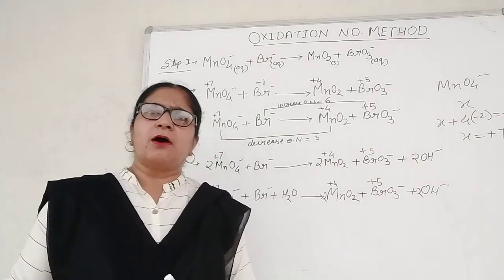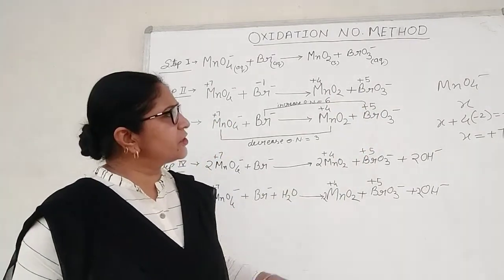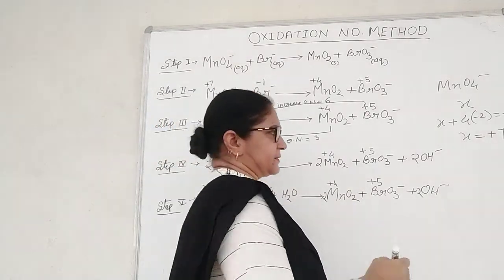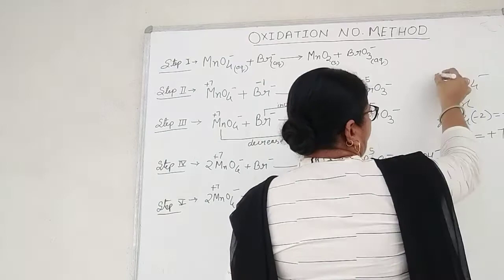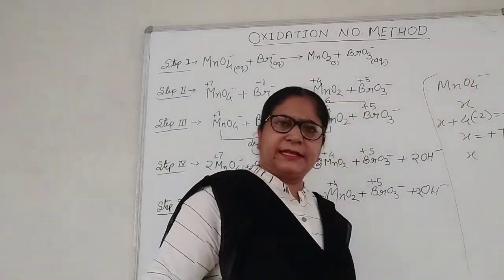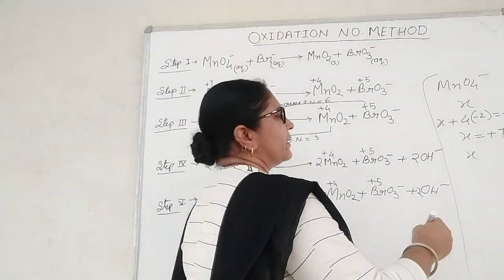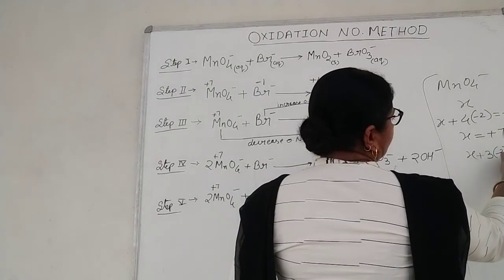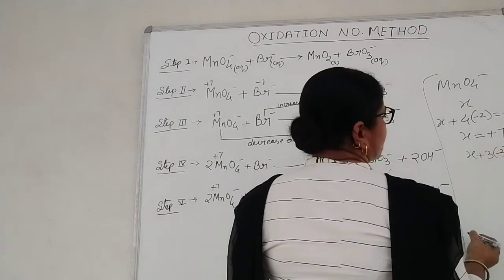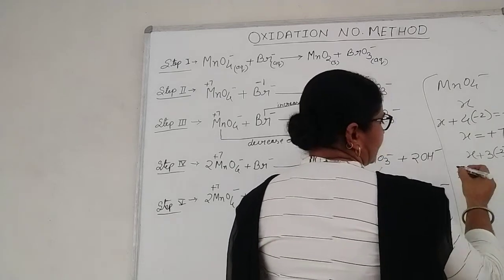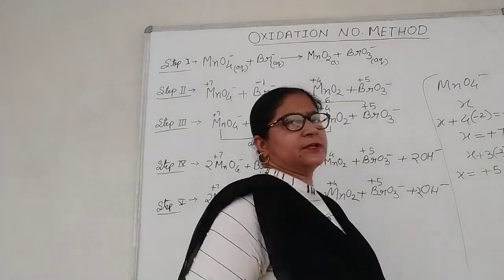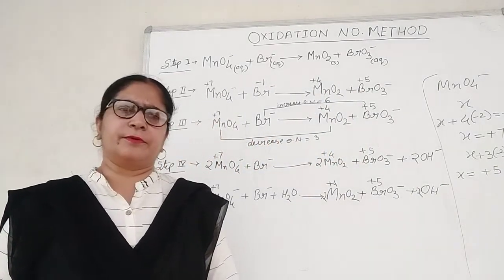Let us consider the oxidation number of bromine in bromate ion as X. Here, X plus 3 multiplied by -2 is equal to -1, and when we solve this, we get +5.